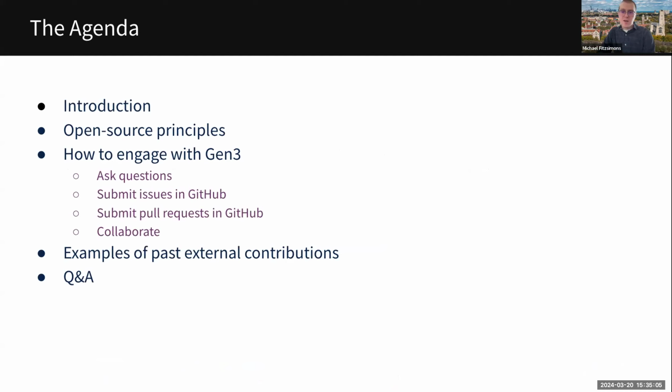And then we're going to talk about how to engage with the Gen3 team, including asking questions, submitting issues, and really the meat of the matter is submitting PRs to GitHub. And then we'll round it out with a couple of concrete examples of PRs that have been submitted by the community in the past. And then finally, we'll have quite a bit of time for discussion. So with that, I'll turn it over to Bob to talk about open source principles.